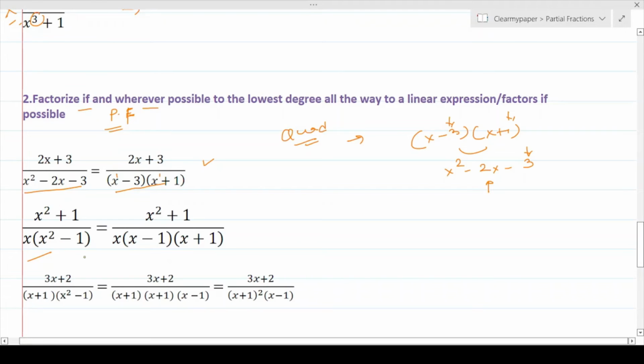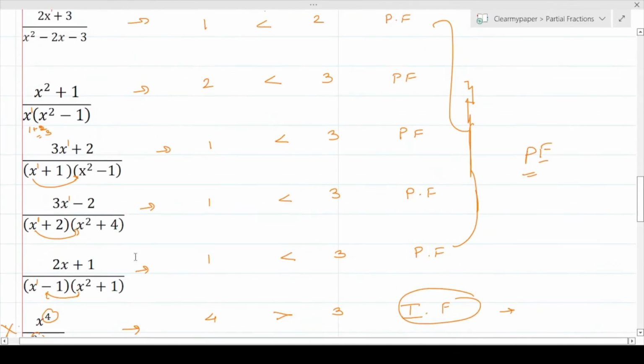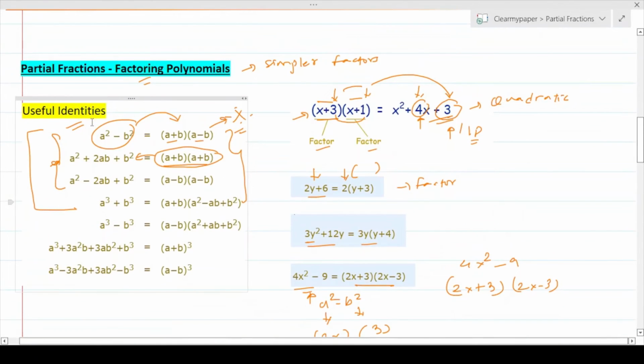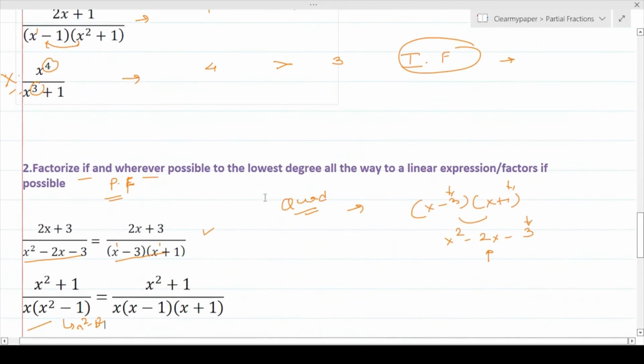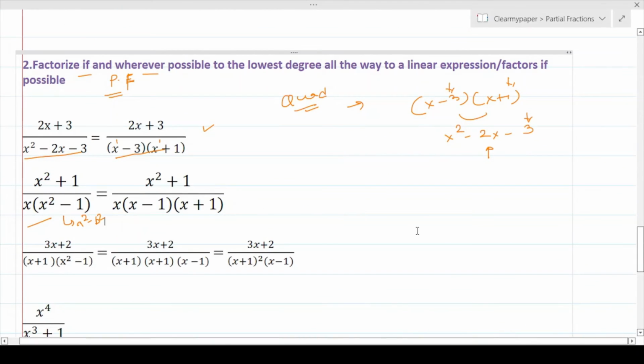This you can equate to a square minus b square, an identity I told you will frequently come up. We can factorize it into two simple factors, a plus b and a minus b. So x square minus 1 is equal to x plus 1 times x minus 1.